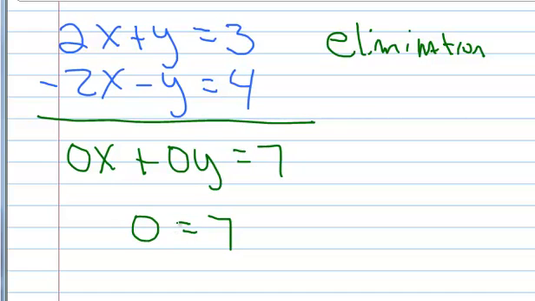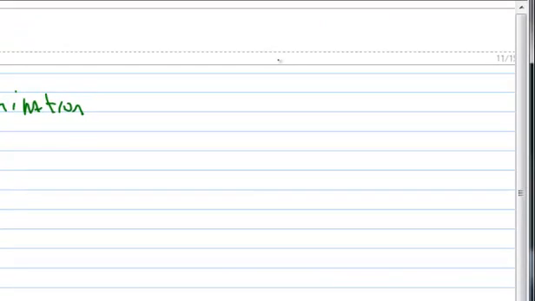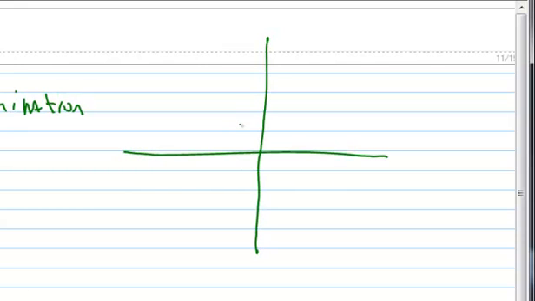So this is a strange case because my x has disappeared and my y's disappear. If you were to graph both of these, you could graph them with your calculator, and I think one of them looks like this.